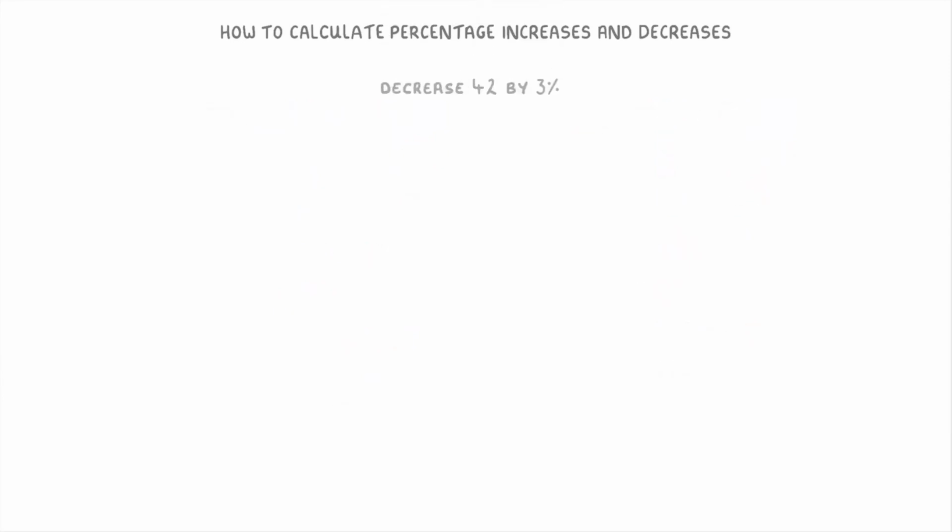Now, one thing to watch out for with these is when the percentage change is less than 10%. Like here, where we're trying to decrease 42 by 3%. 3% is equivalent to 0.03. So we'd have to do 1 minus 0.03 to give us 0.97 as our multiplier.